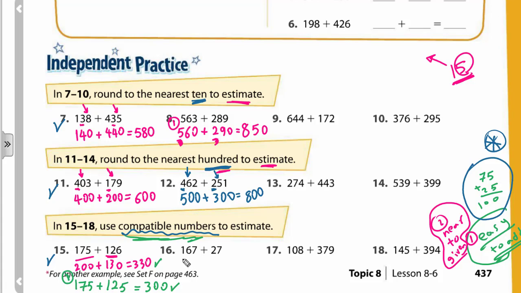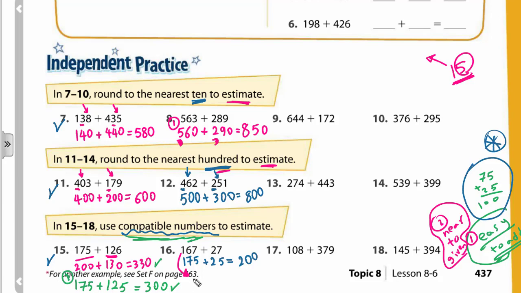So the first number we can use is 175, and the second number 25. Yes, it will be 200. Abdurrahman, do it again with another two numbers. The first number will be 100?